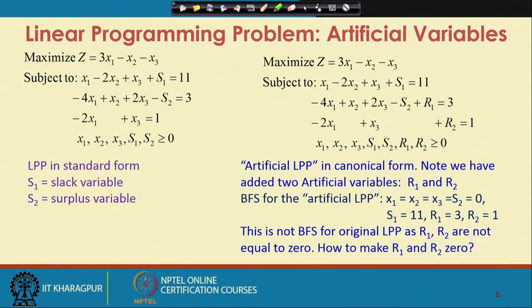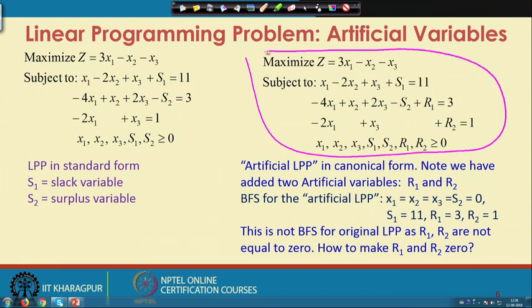So, let us introduce two artificial variables R1 and R2. We introduce R1 to constraint number 2, and we introduce R2 to constraint number 3. And now the set of constraints that we get for the given linear programming problem basically gives us an artificial linear programming problem, and this one is in canonical form.